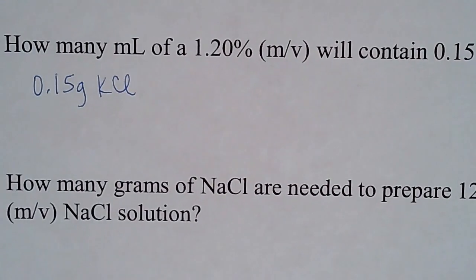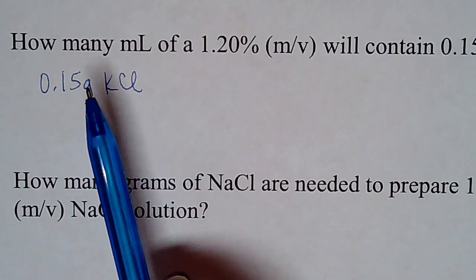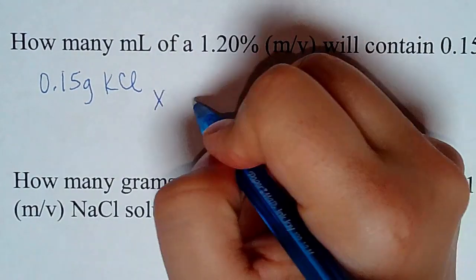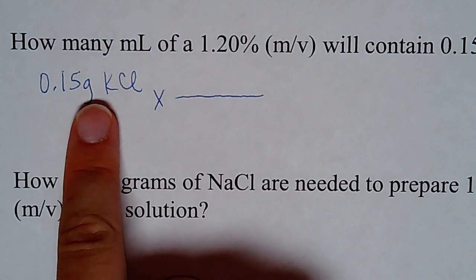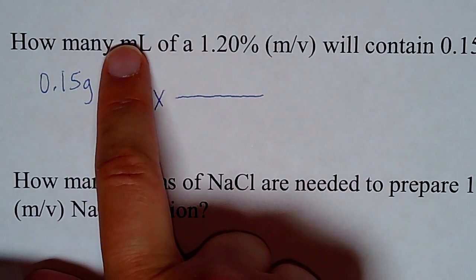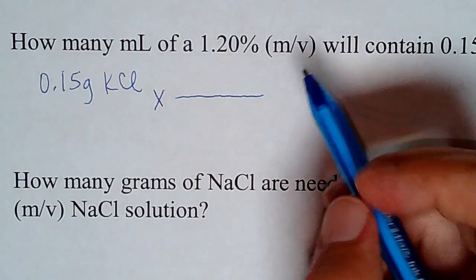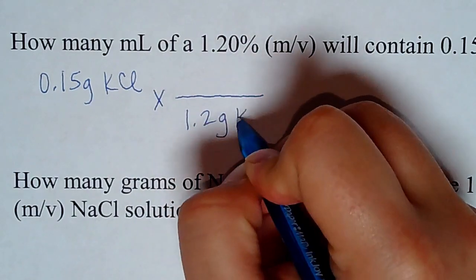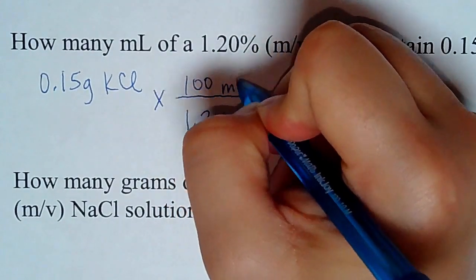In this case, we want the 0.15 grams, and we just need to know how much of the solution is going to have that. So we're going to use our conversion factor, because we're converting between the grams that we want and the volume that we need using our percentage as a conversion factor. So our 1.2% means I have 1.2 grams of KCl per 100 milliliters of solution.